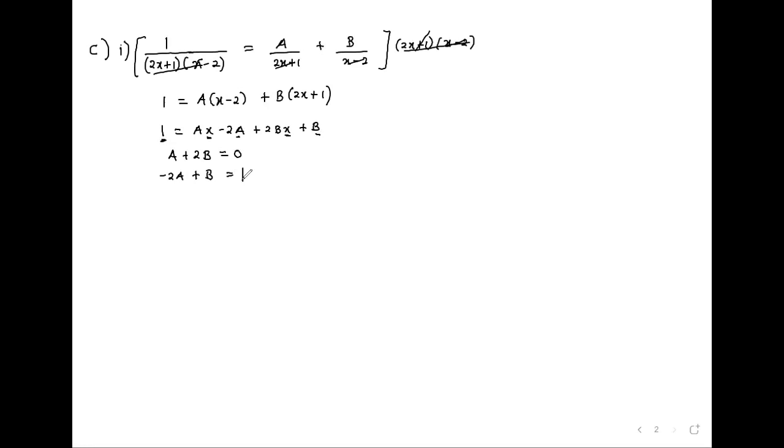Then, simultaneously, if we multiply the top one by 2 and the bottom one by 1, we're going to have 2A plus 4B is equal to 0, and negative 2A plus B is equal to 1.